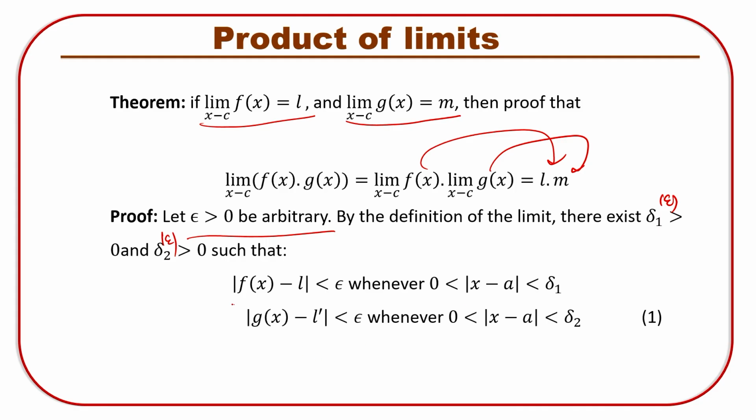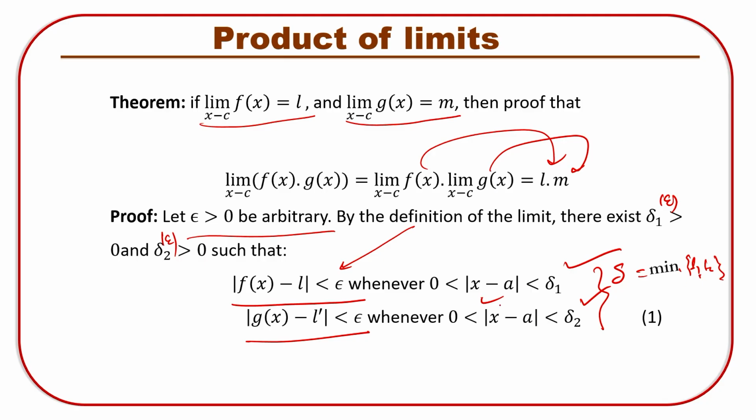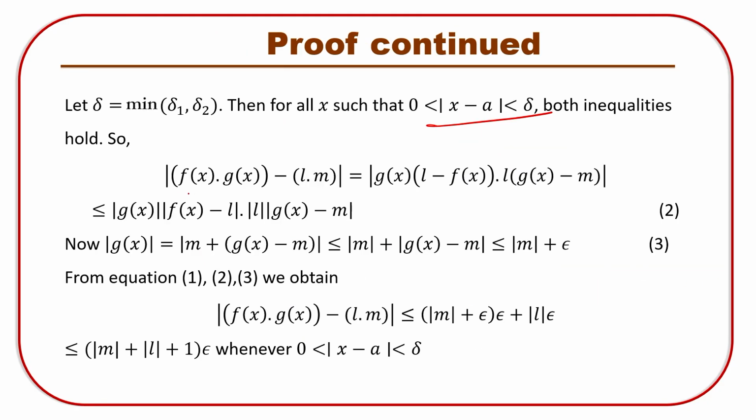Modulus of f(x) minus L is less than epsilon whenever modulus of x minus a is less than delta 1, and modulus of g(x) minus M is less than epsilon whenever modulus of x minus a is less than delta 2. Taking delta as the minimum of delta 1 and delta 2, this will also hold.